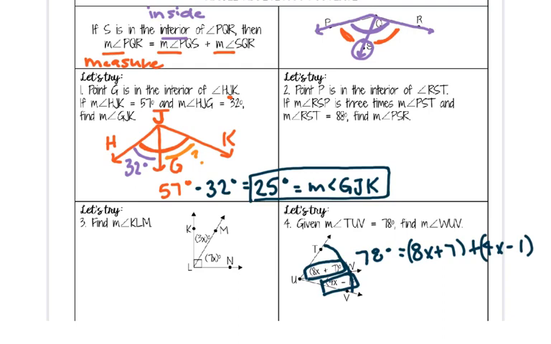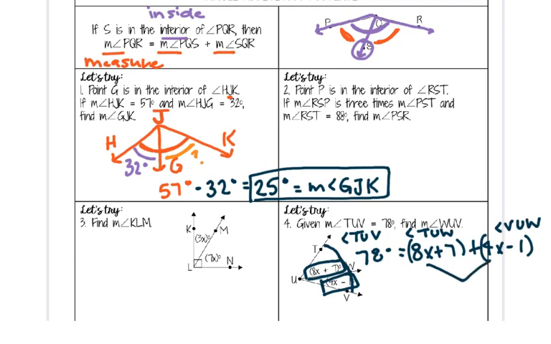Because 8x plus 7 is angle TUW, and 4x minus 1 is angle VUW, and those together equal TUV.